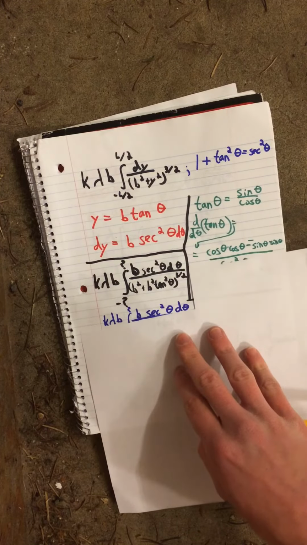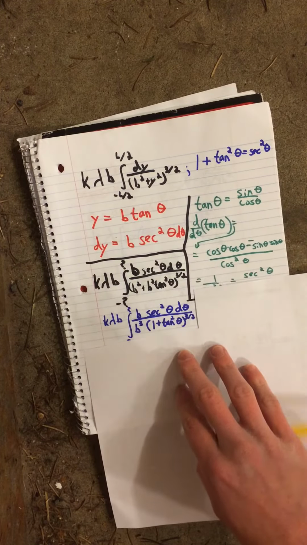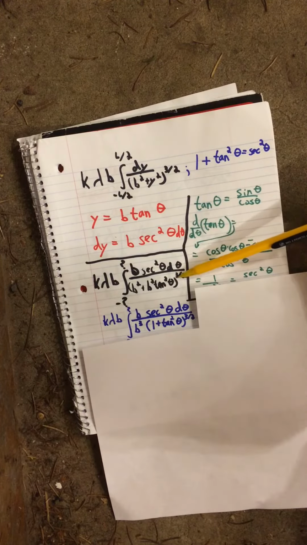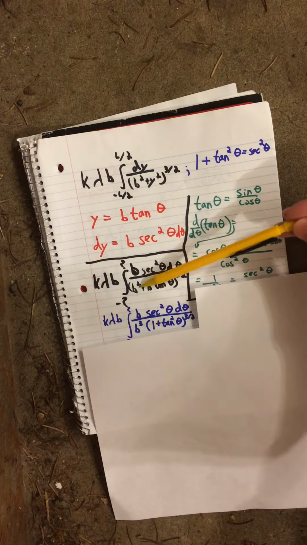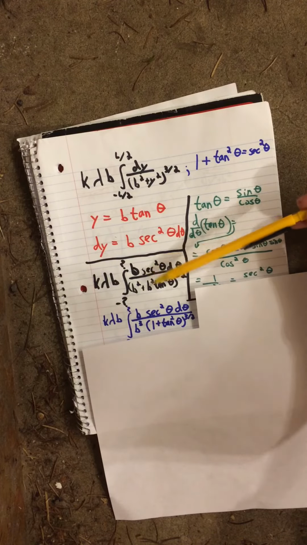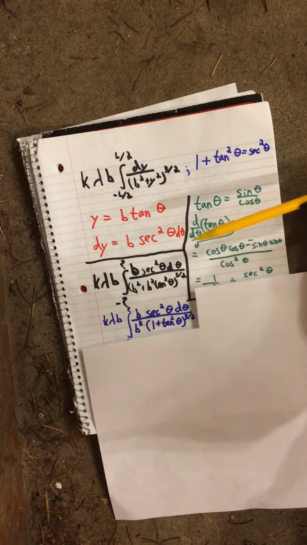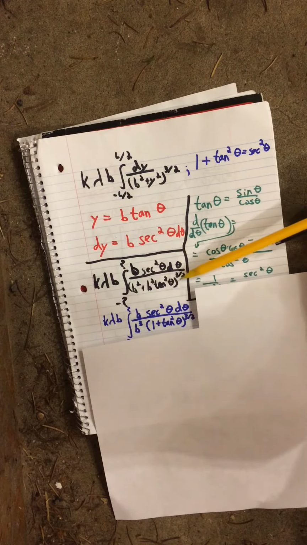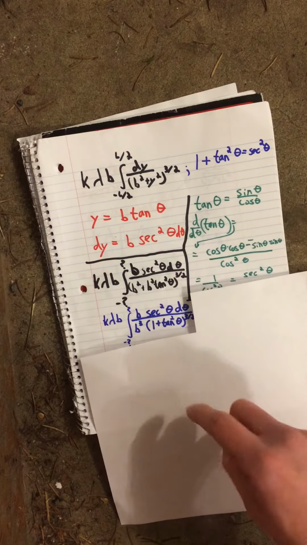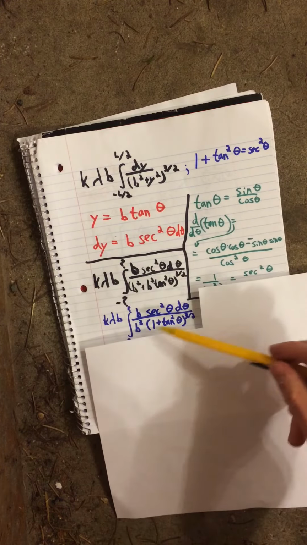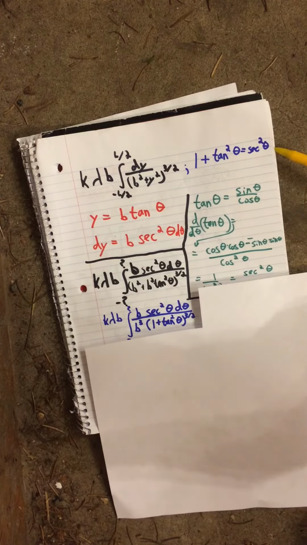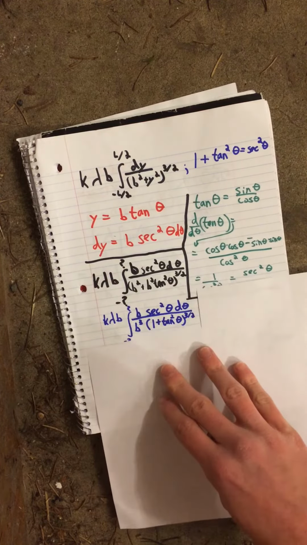Alright, moving on. When we substituted in b tangent theta for y, you notice that we can factor out a b squared. If you factor out a b squared, and then you square root it, and then you cube it, you get b cubed on the bottom. And then this becomes 1 plus tangent squared theta in the parentheses, which you saw up here is secant squared theta.